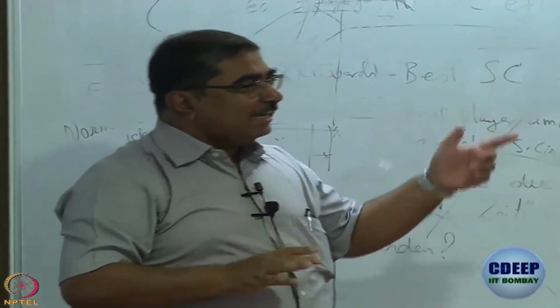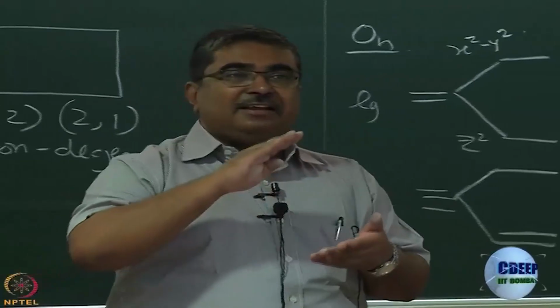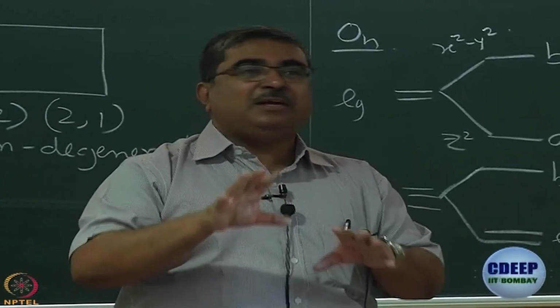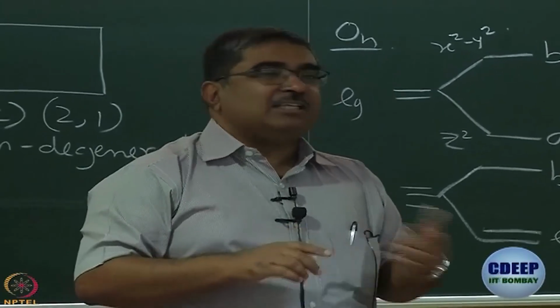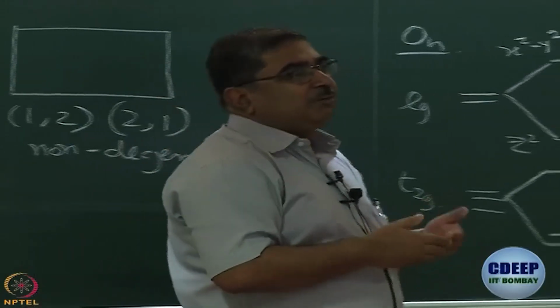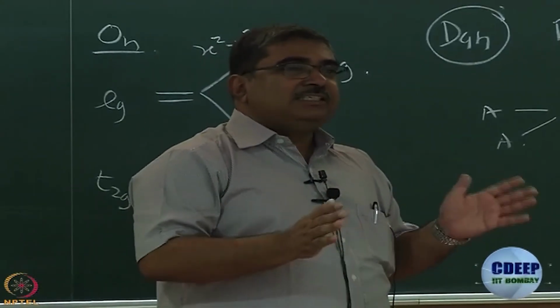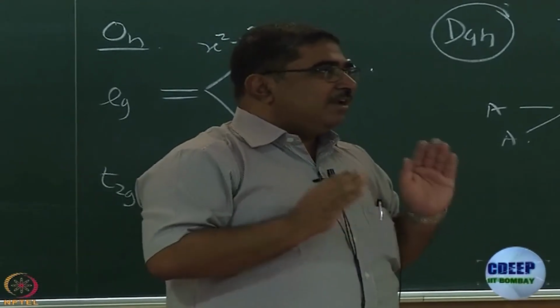So, what I am trying to say is that symmetry tells you what to expect, it tells you groups of how many orbitals you will get, but it does not give you the last word. You still have to think of electrostatics to understand which orbitals will have lower energy, which orbitals will have higher energy. Okay. So, this is how symmetry can make quantum mechanical problems simpler, right.